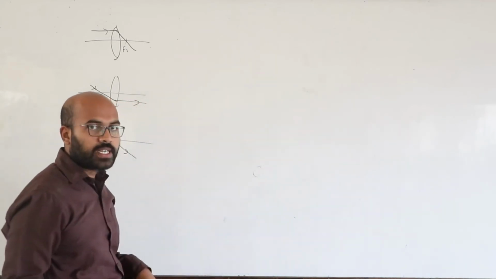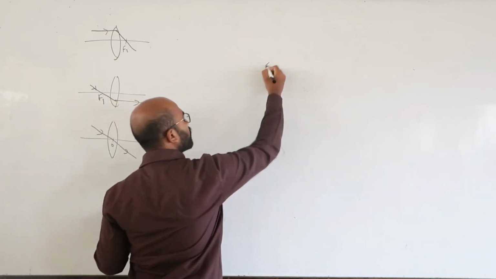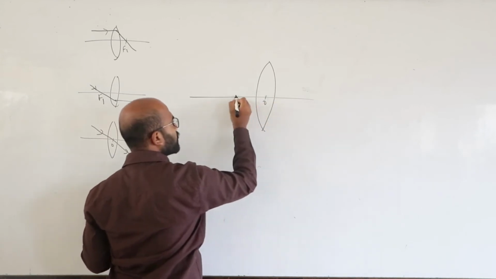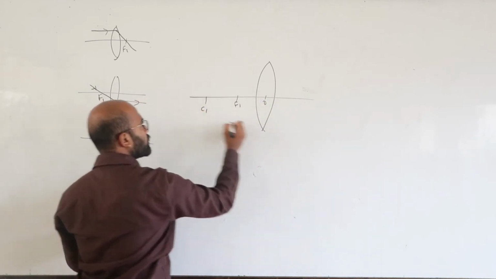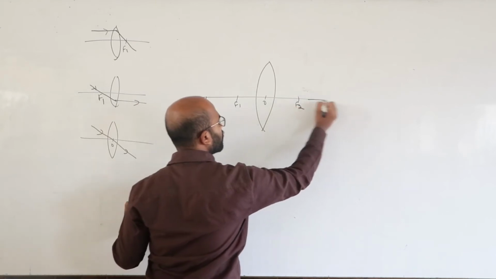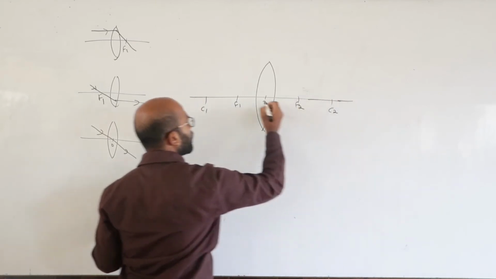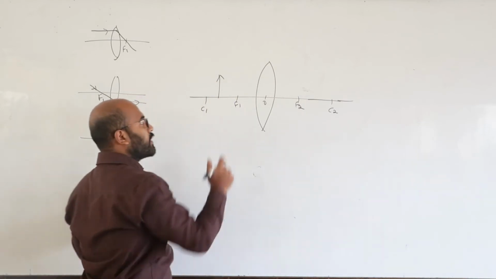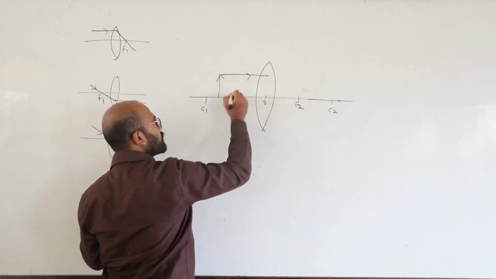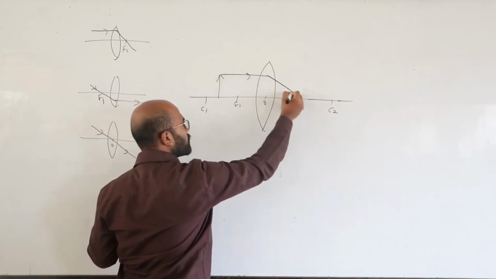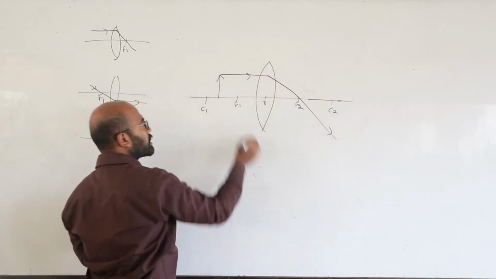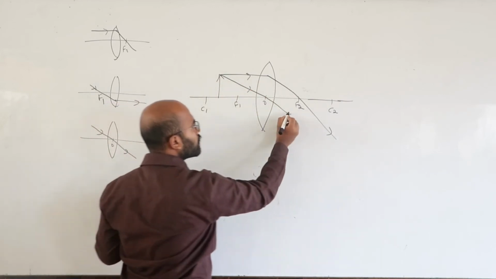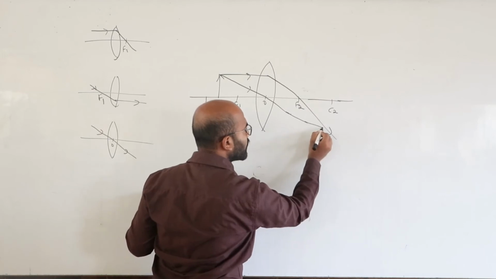Next, when the object is in between principal focus and center of curvature, optic center F1, C1, F2, C2. Same, first ray parallel to principal axis. What happens? It passes through principal focus. Next, the ray passing through principal focus goes in the same straight line.